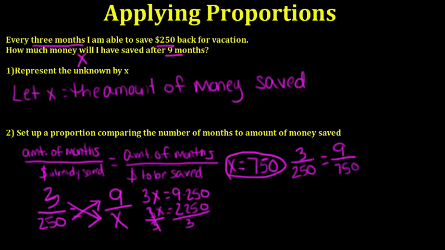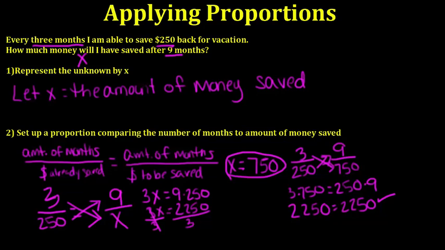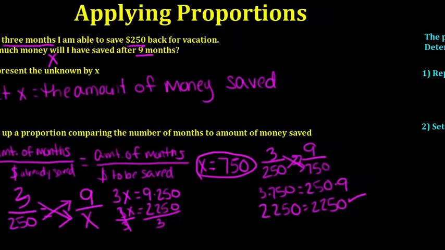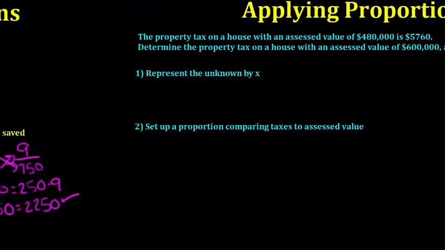Cross multiply again. 3 times 750 is equal to 250 times 9. When you multiply that out, you will get 2,250 is equal to 2,250. So we know that that answer is correct. We'll move on to the next problem.